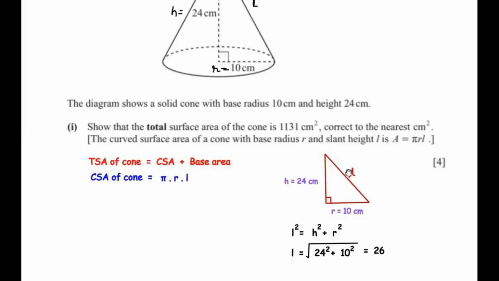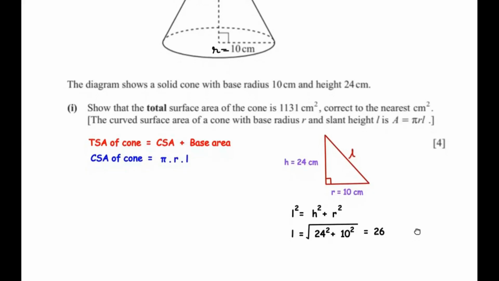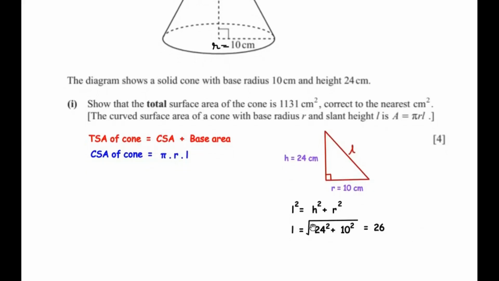So to find out the slant height, we are going to make use of the Pythagoras theorem. That is, hypotenuse squared is equal to the sum of the squares of the other two sides. So slant height squared is equal to perpendicular height squared plus the radius squared. Now taking the square root on the other side of the equal sign, we get the slant height L is equal to square root of height squared, the value is 24, so it becomes 24 squared, plus the radius is 10, so we write it as 10 squared.